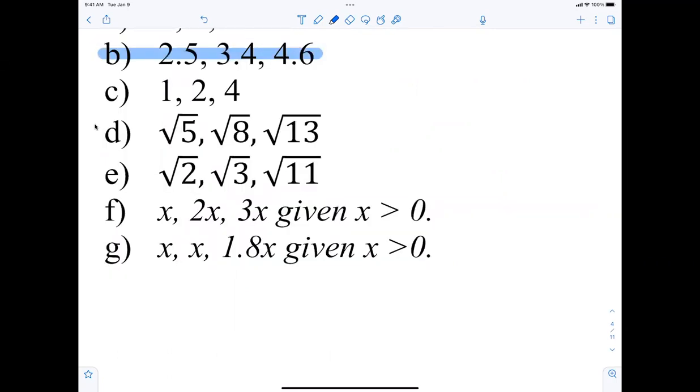Square root of 5 is between what two integers? Come on, guys. 2 and 3. Come on now. These are good questions. Square root of 8 is between what? 2 and 3 also, right? And square root of 13 is between 3 and 4, right?